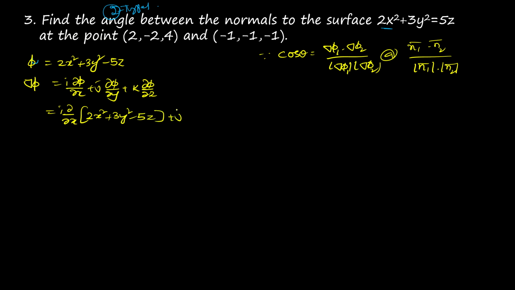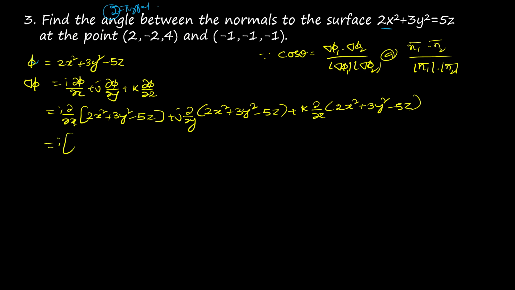Next j into dou by dou y of 2x squared plus 3y squared minus 5z. Next plus k into dou by dou z of 2x squared plus 3y squared minus 5z. Same here: i into dou by dou x of 2x squared.